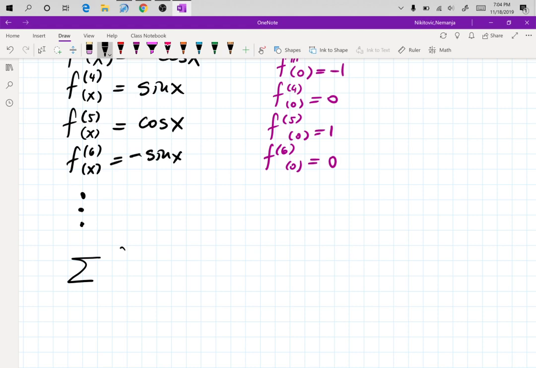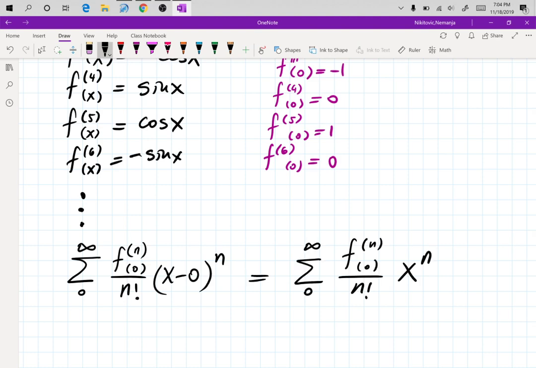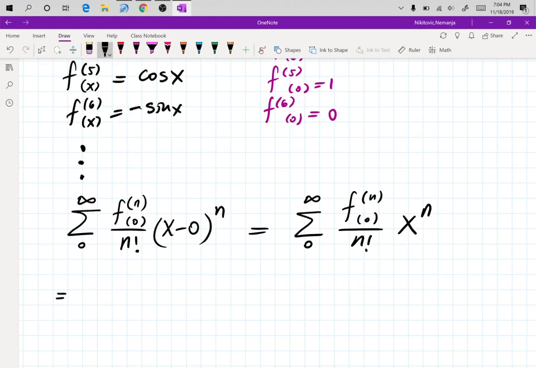Let's put the polynomial together. Summation of the derivatives computed at 0 divided by n factorial, n from 0 to infinity, times x minus 0 to the n. Zeroth derivative of the function is the function, right?